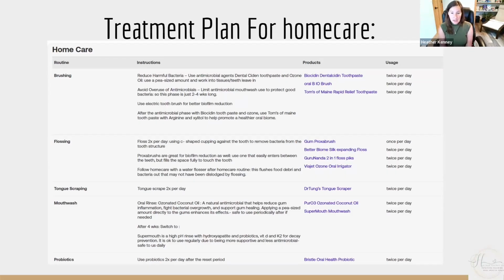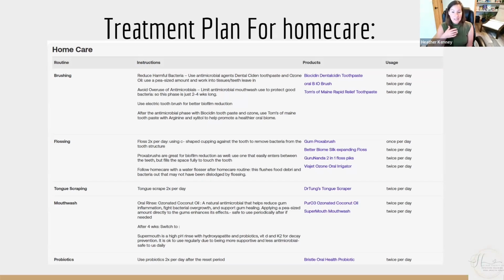So for home care, I really focus on biofilm disruption, using a biofilm buster with the Biocidin, and then bringing in oxygen with an ozone water flosser and possibly some ozone gel to add extra oxygen for those anaerobic bacteria and support our beneficial bacteria that do tolerate and like oxygen.